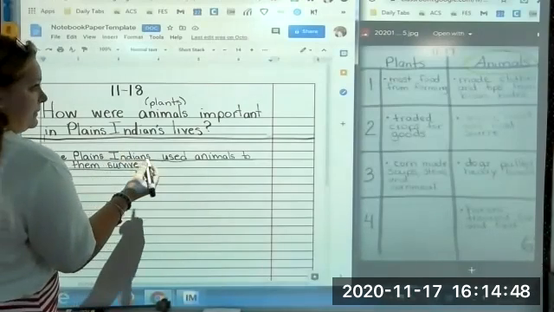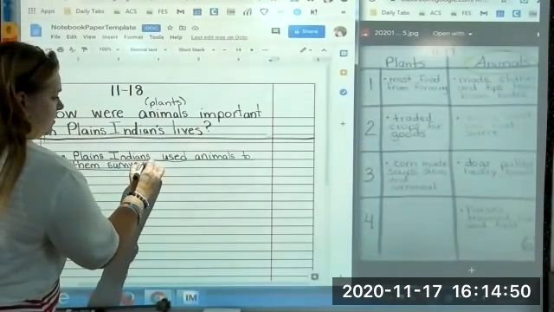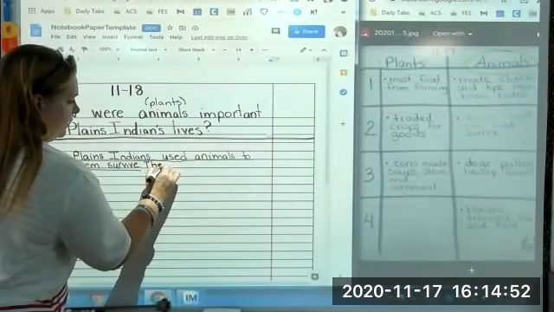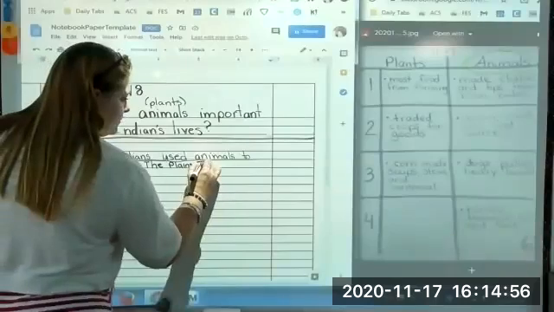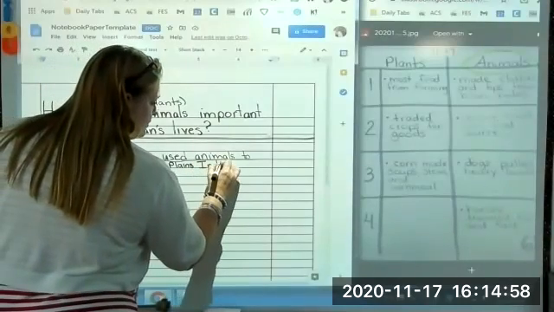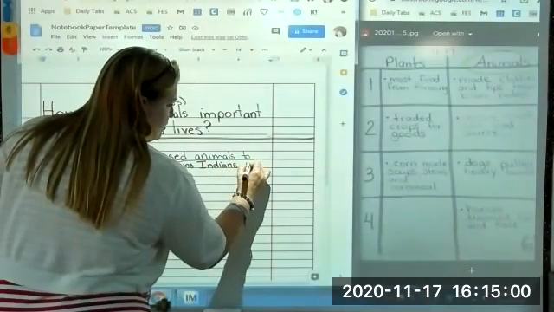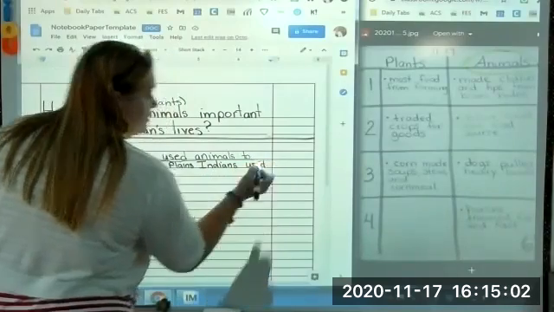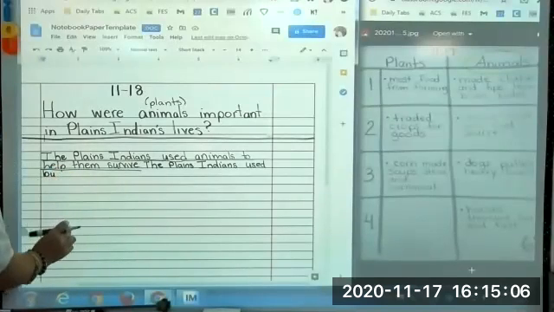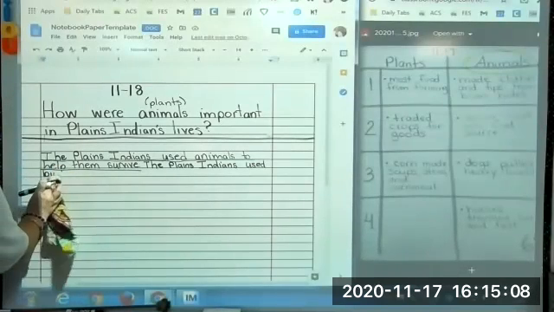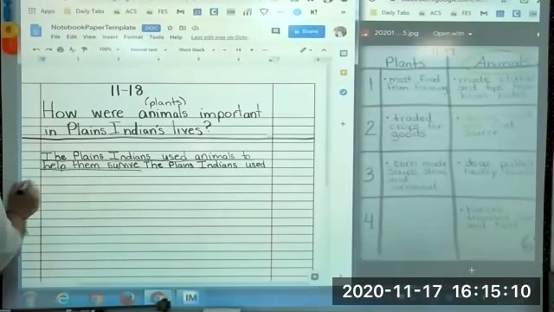I'm going to say, the Plains Indians used buffalo. I'm sorry, I'm going to say bison. That is the correct term instead of buffalo.